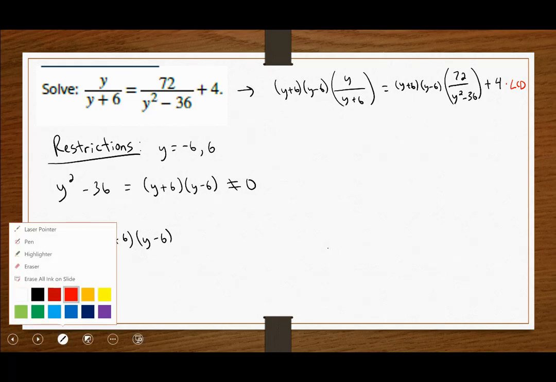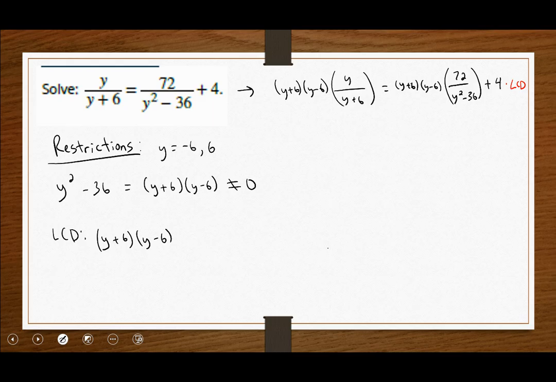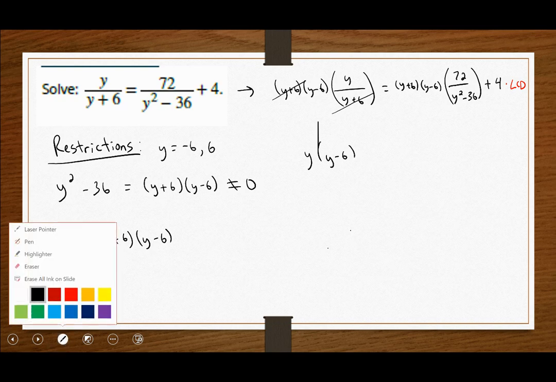So how do we simplify here? We look for factors that cancel out, because that's ultimately what we use this multiplication process for. So for instance, in the first term we would have y plus 6 and y plus 6 canceling, where we're left then with y and the binomial y minus 6 as a product.